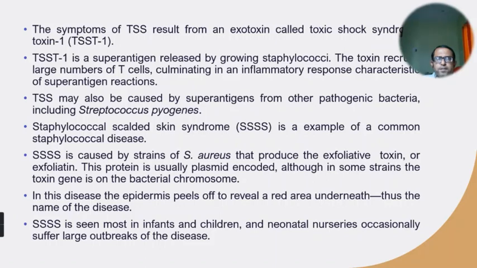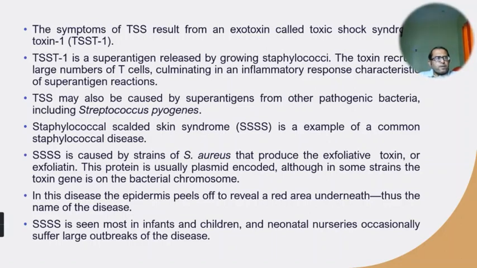So this TSST toxin recruits a large number of T cells where the toxin is produced by the bacteria, and because of that an inflammatory response develops there. TSS may also be caused by superantigens from other pathogenic bacteria such as Streptococcus pyogenes.